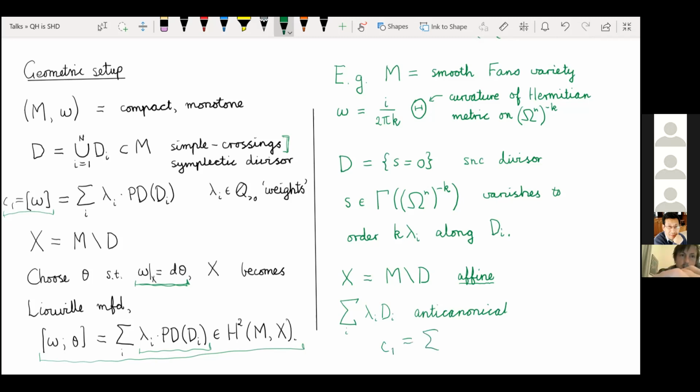Ah, so c1 on the left, yeah. So this is actually going to be a key part of the talk that will come up later, but yeah, if lambda i is 1 for all i, this is the log Calabi-Yau case.